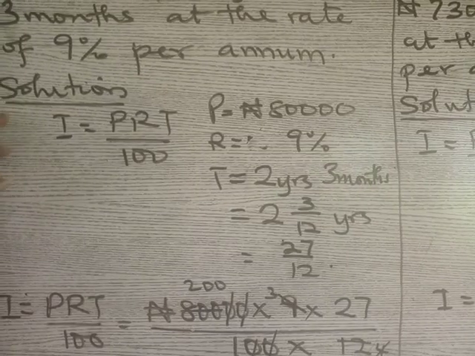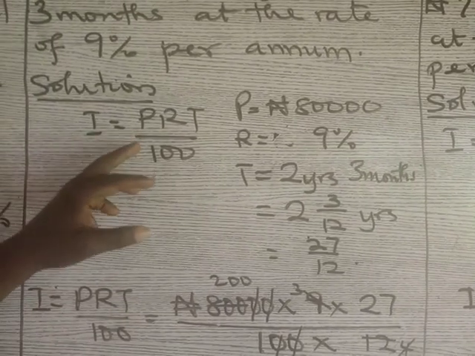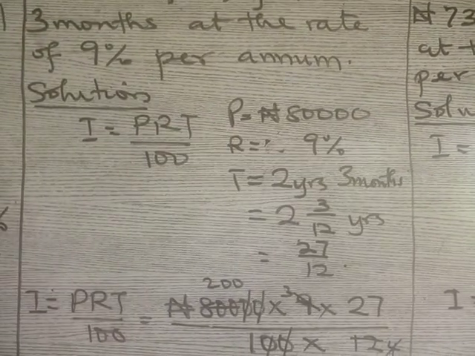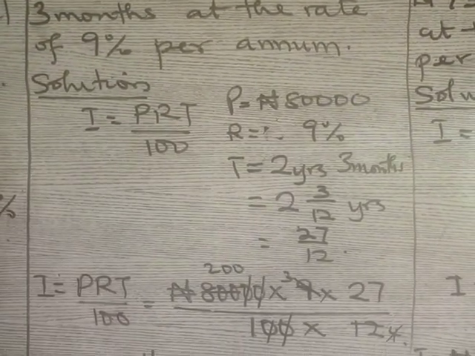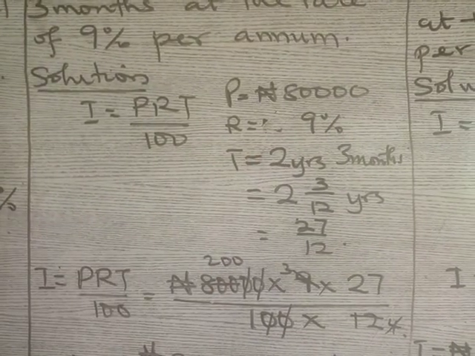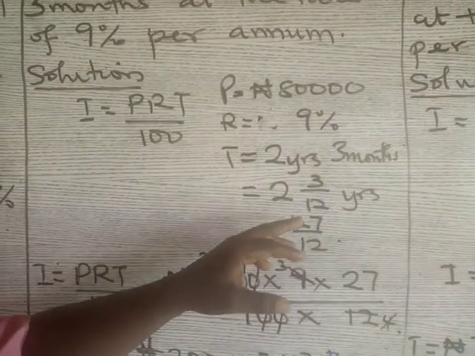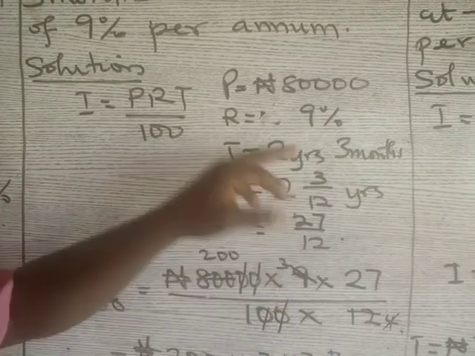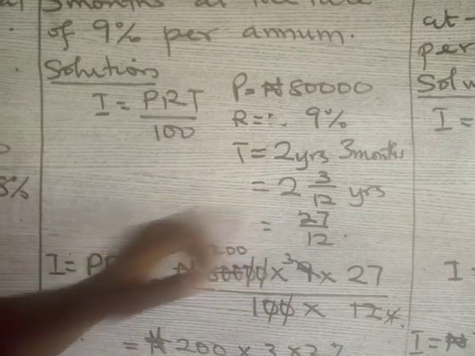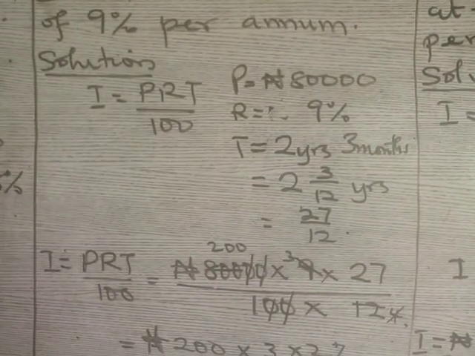Solution: I equals PRT over 100. Our principal is 80,000, while the rate is 9%. The T, time, is 2 years 3 months. And you know that in 1 year we have 12 months. So that becomes 2 whole number 3 over 12. Change that to an improper fraction.